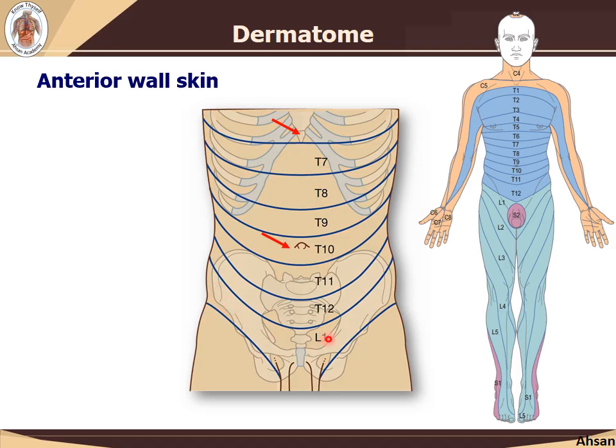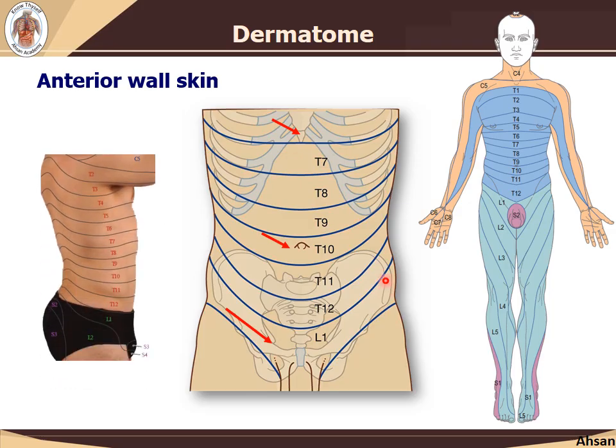This is the inguinal region, the groin, which is the lumbar one. So we will try to remember these areas and then imagine what should be above, which area is supplied by the 8th or 12th thoracic, or like that. It is all over the body, and the areas are covered like this.